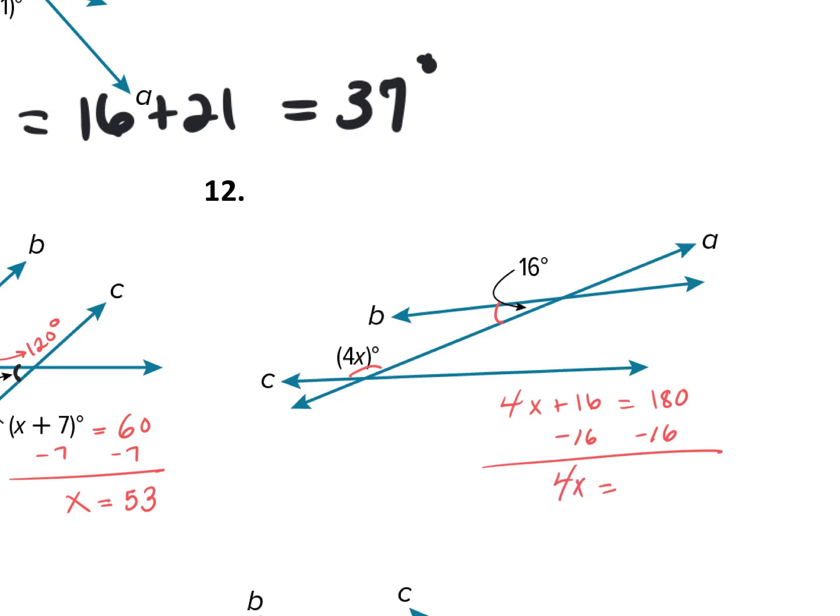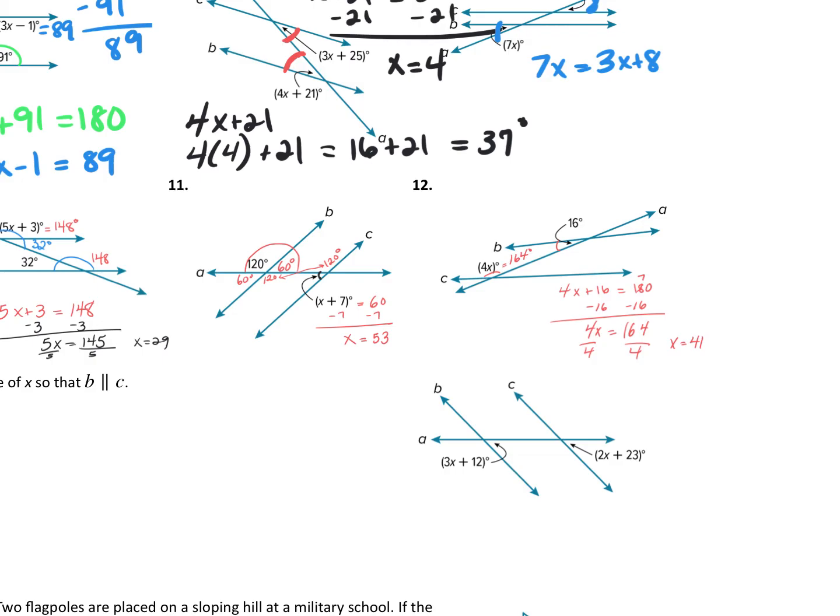And when I do 180 minus 16, I get 164. So that is actually the measure of this angle here. And then, of course, to solve for x, we have to divide both sides by 4. So x equals 41. Okay.